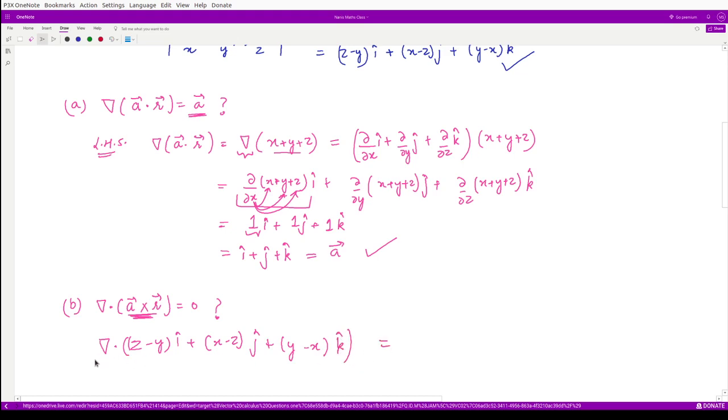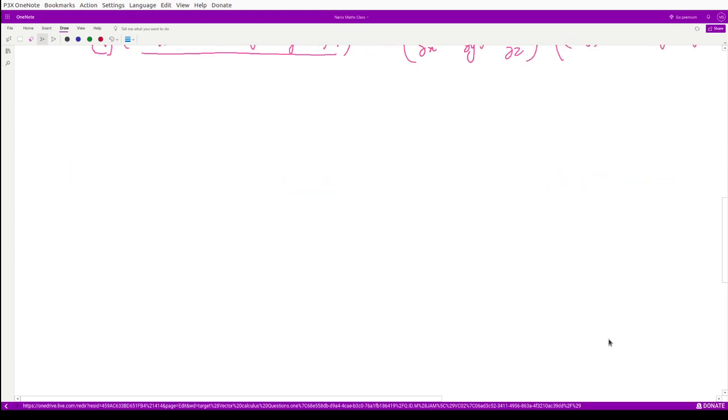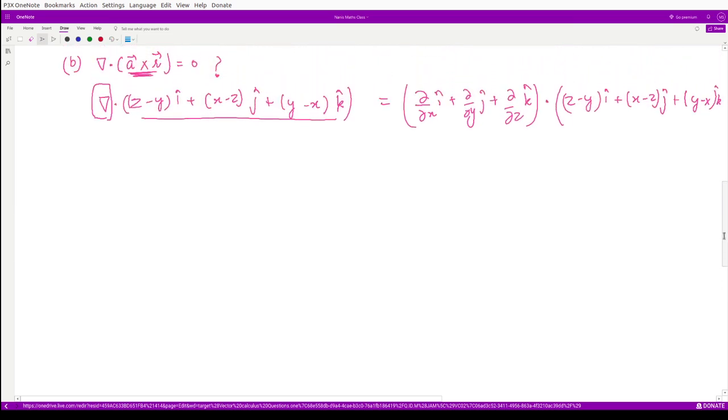So that means you have to take the dot product here. Now let me write down the definition here. So it would be del by del x i cap plus del by del y j cap plus del by del z k cap dot with the vector z minus y i cap plus x minus z j cap plus y minus x k cap, right? So you have to perform the dot product here.